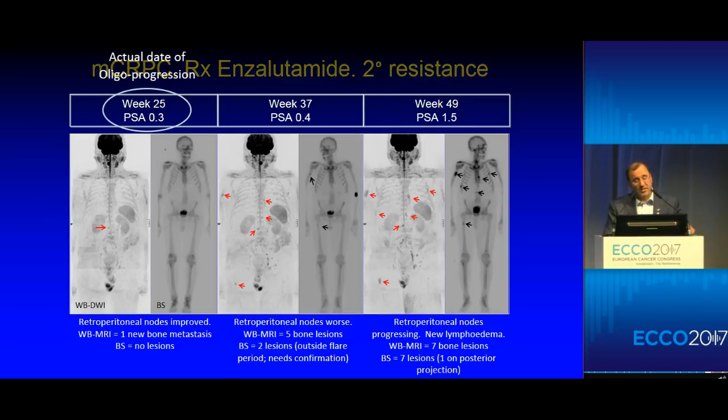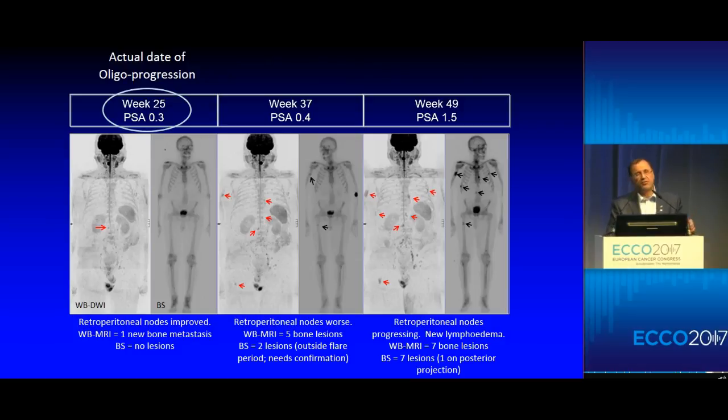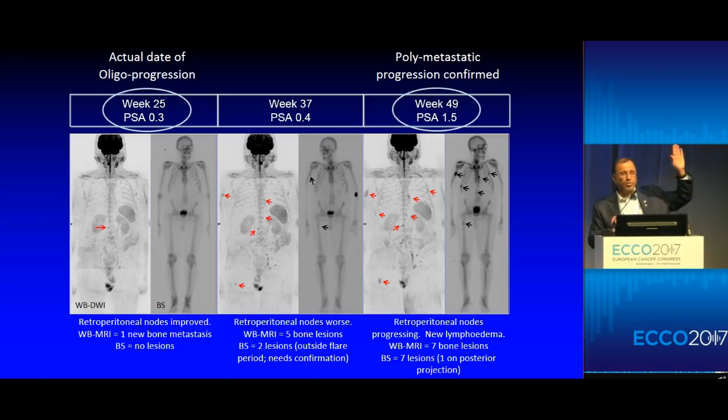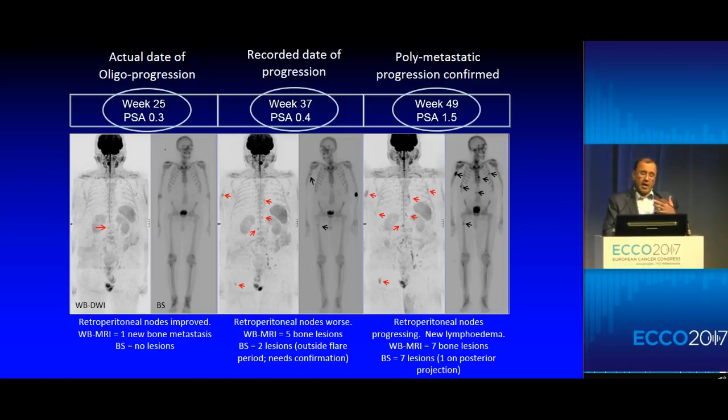So if you look at these images, you can see that this is the data of oligometastatic progression. Bone scan shows polymetastatic disease progression 25 weeks later, and that's when the treatment changes. So the MRI showed you progression 24 weeks before the bone scan, and this is a real issue, okay?